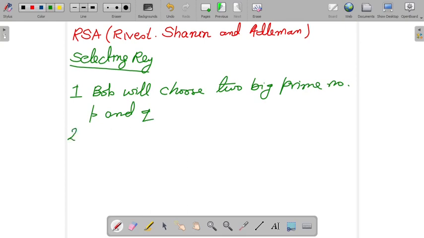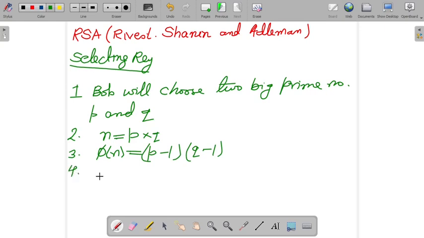Second step. In the second step, it will multiply P and Q, so the value of N is equal to P times Q. In the third step, it will calculate one more value, that is phi N, which is P minus 1 multiplied by Q minus 1. Fourth step.